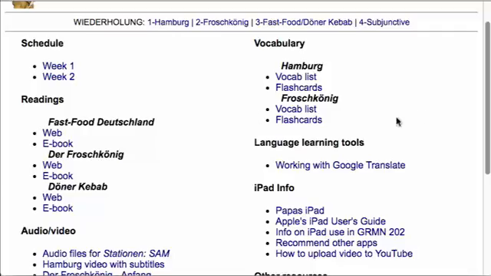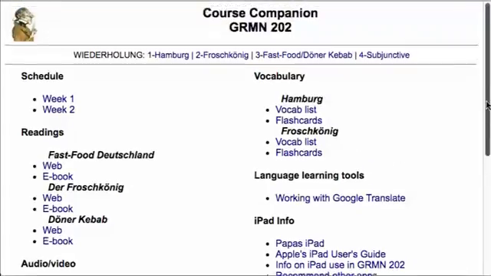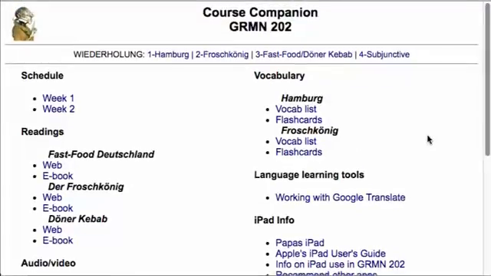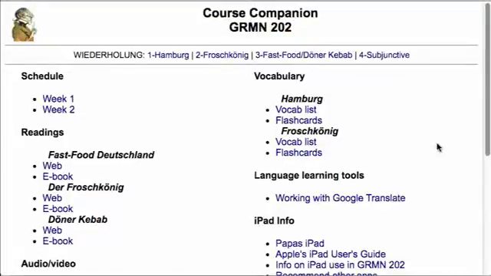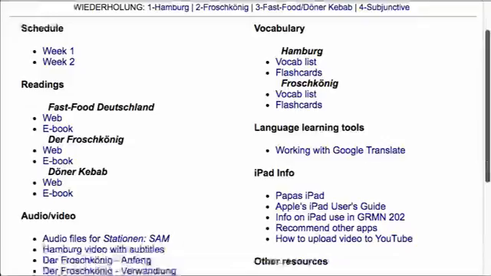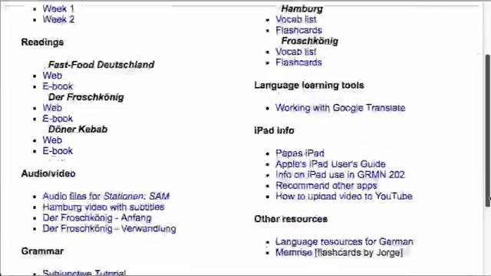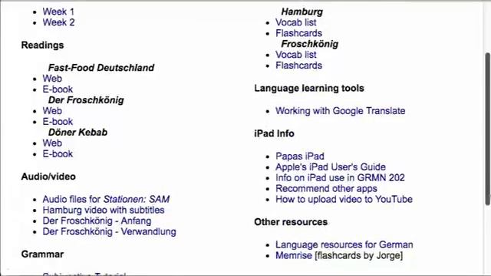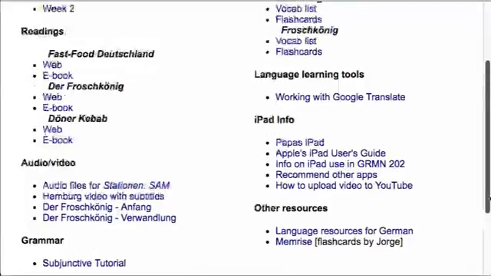And this is something that I think is important, whether we're teaching face-to-face classes, but particularly if you're teaching online classes, is having the students learn about online tools for language learning. There are other links here, but I won't go into those.